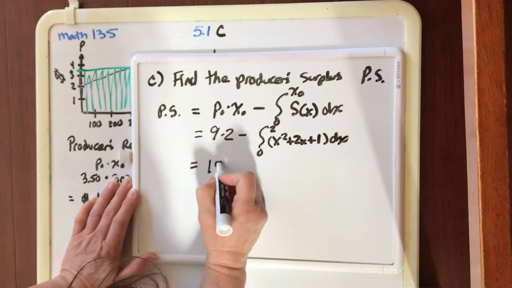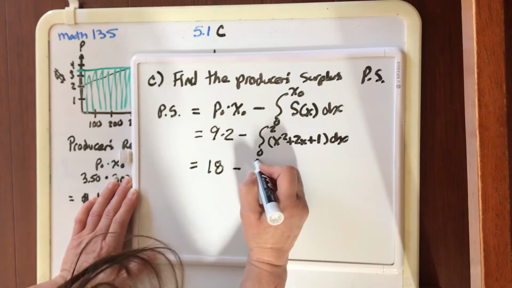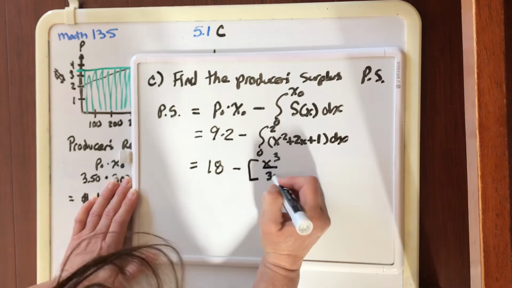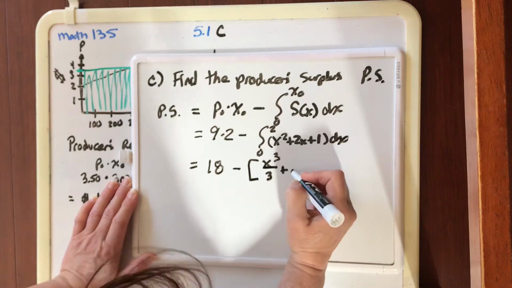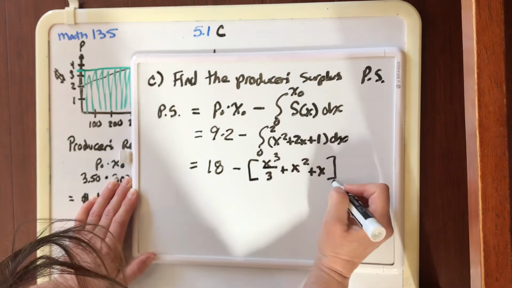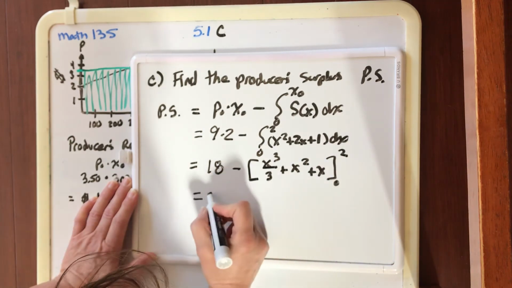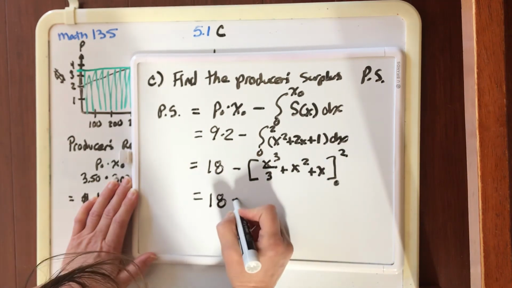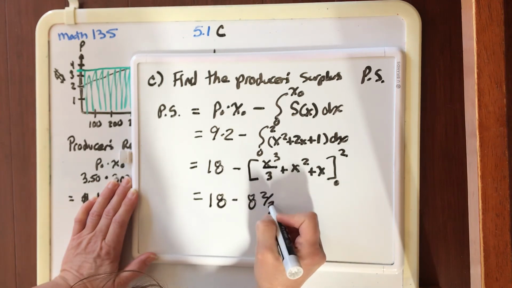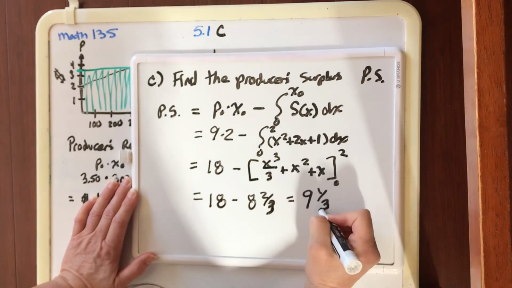Okay, doing the work, we get 18 minus, and if we do all this work here, we're going to get x cubed over 3 plus x squared plus x from 0 to 2, and that ends up being 18 minus 8 2/3, which equals 9 1/3.